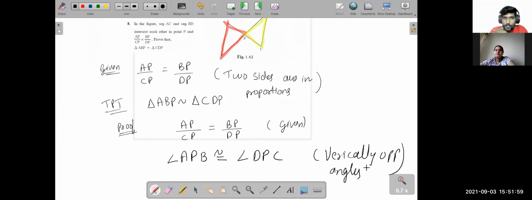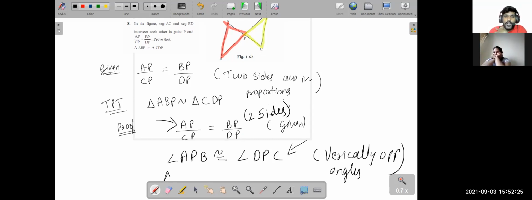Now here, two sides are in proportion, and you have proved that one angle is equal.